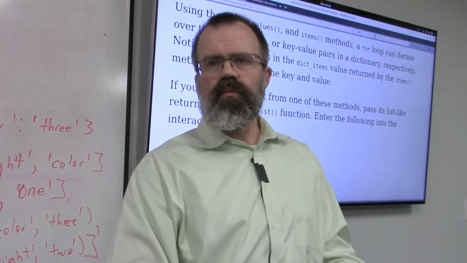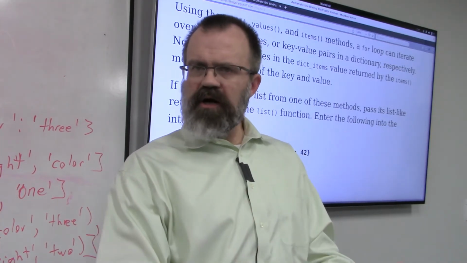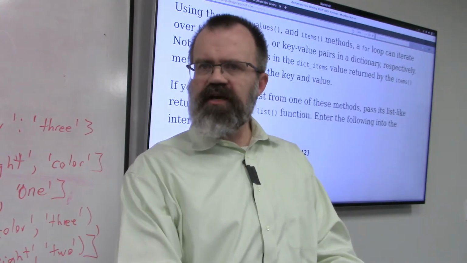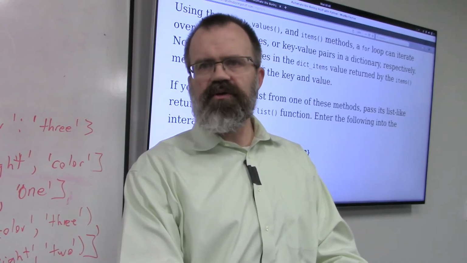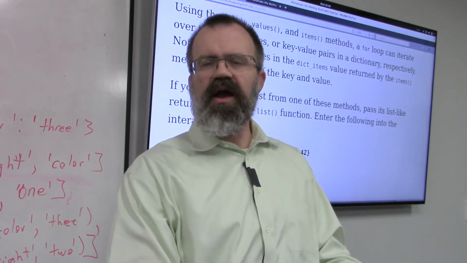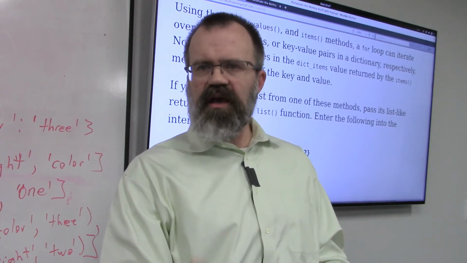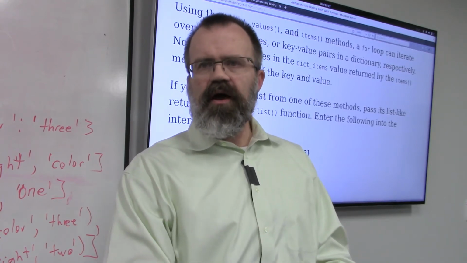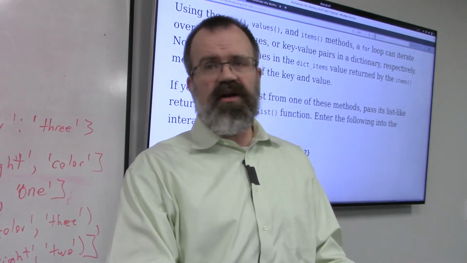If you had a policy that you wanted to print all the keys out in alphabetical order, then that's exactly what you would do. You would pull out all the keys, you would sort the keys alphabetically, and then for each key, you would display the key and the value. But that doesn't mean that the dictionary itself would store it in any particular order.